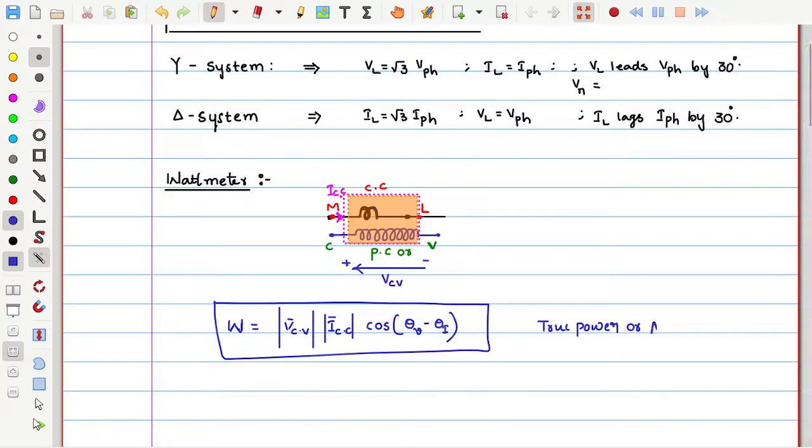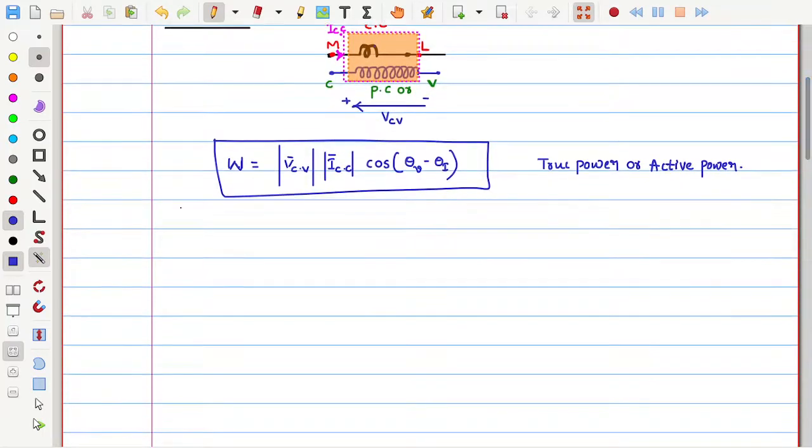You should understand what V, I and cos theta are. V is the voltage of the pressure coil, I is the current of the current coil. These are magnitudes, and of course RMS values of the quantities. So this is in general how any wattmeter reads.